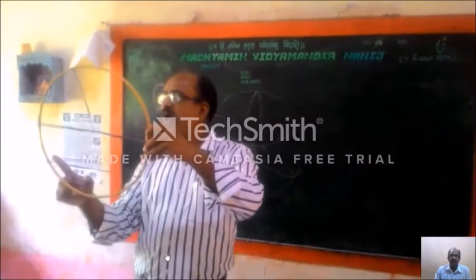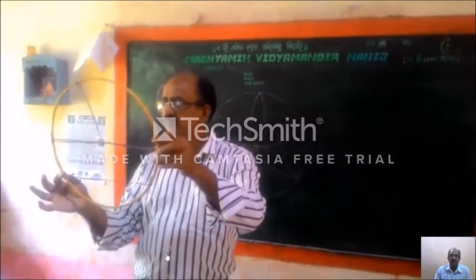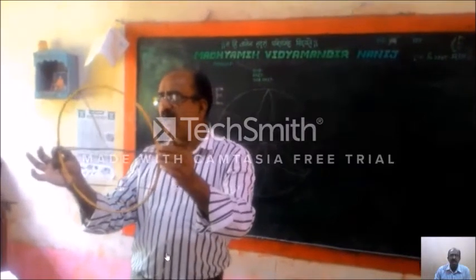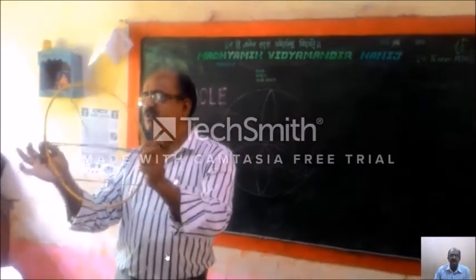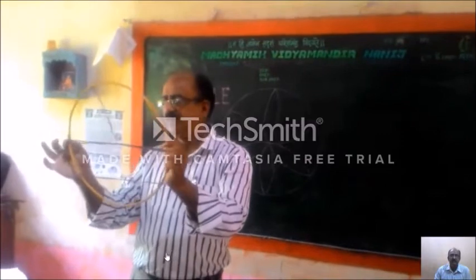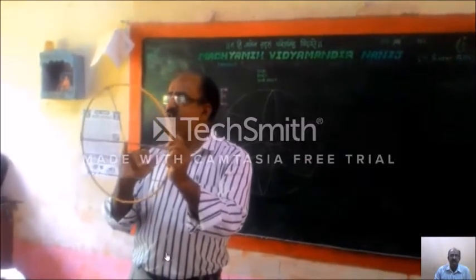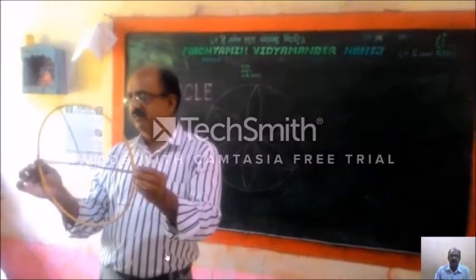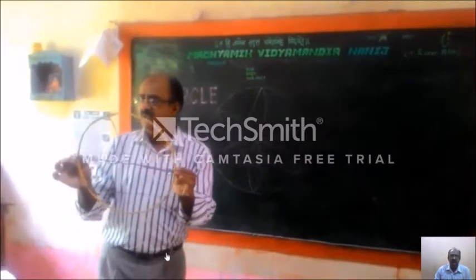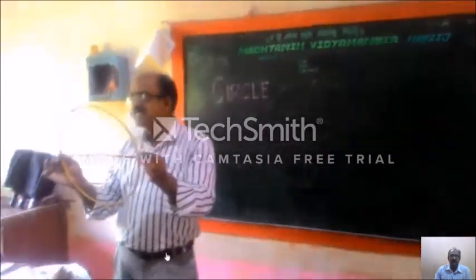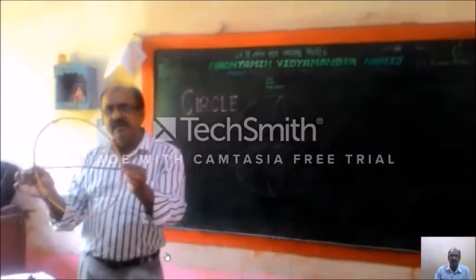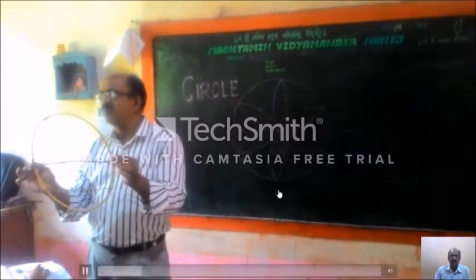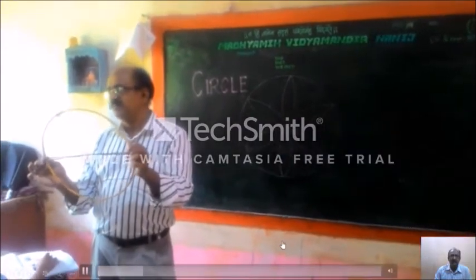This is also a chord, but the chord which passes through the center is known as diameter. This chord is known as diameter. So diameter is the longest chord of this circle.